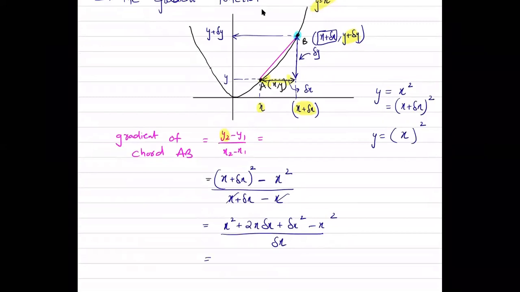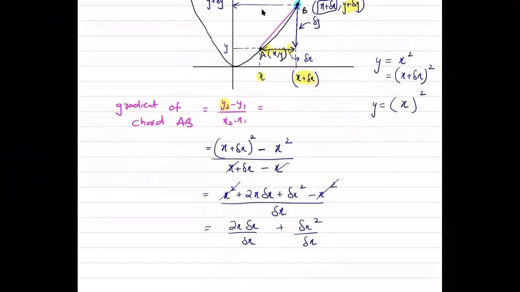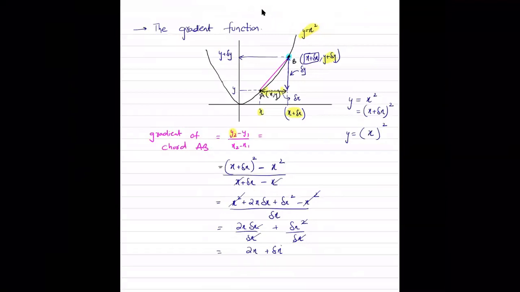If you simplify this, you can see that x square in the numerator is going to be cancelled out. 2x delta x upon delta x plus delta x square upon delta x. So what you are getting is 2x plus delta x. This is the gradient of the chord AB.